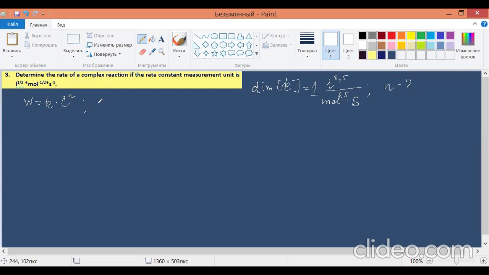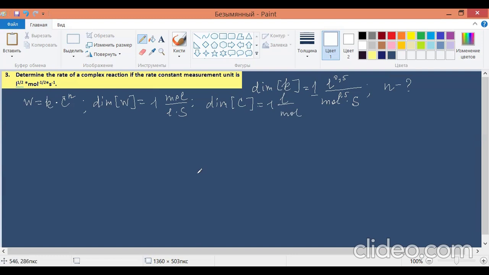For example, we know that the dimension of the rate of reaction is mole per liter per second, right? And the measurement unit of concentration is mole per liter.